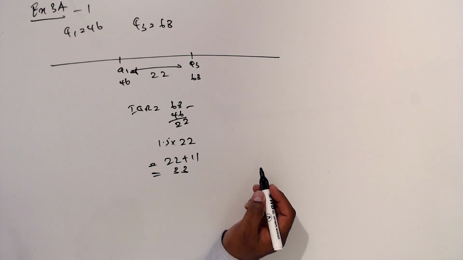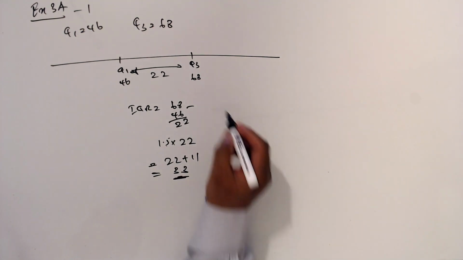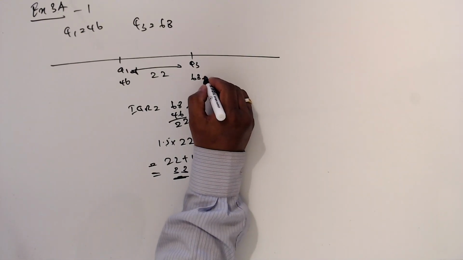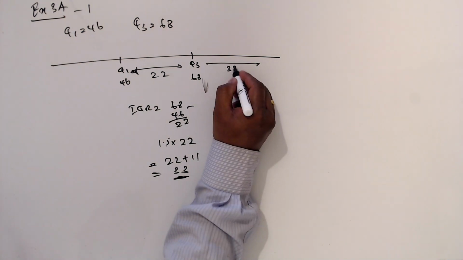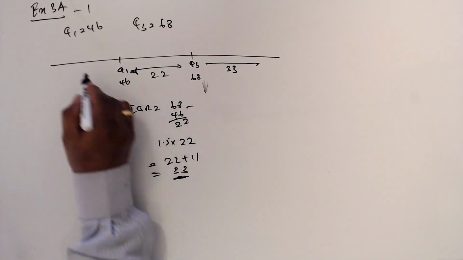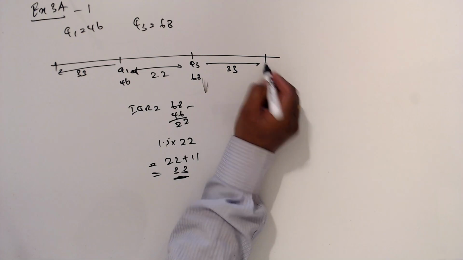So now I need to add this amount to here. So I want to find 33 away point from these points.